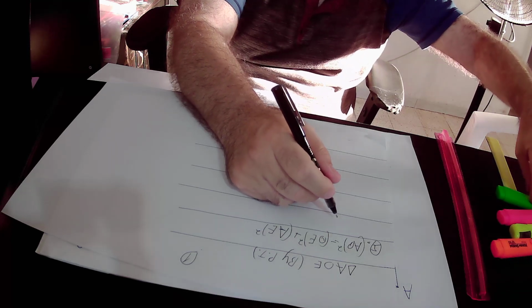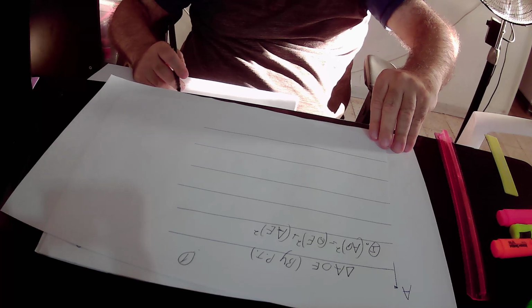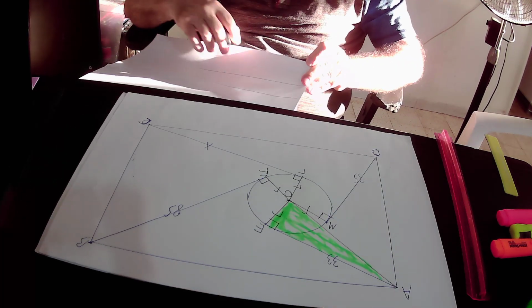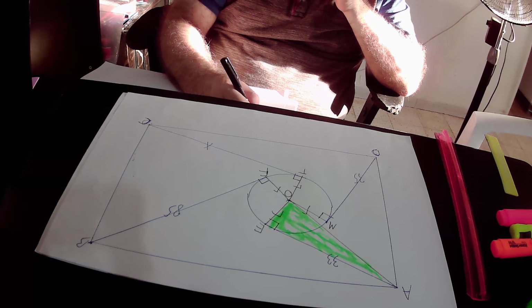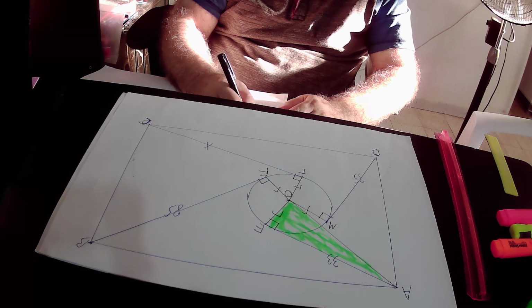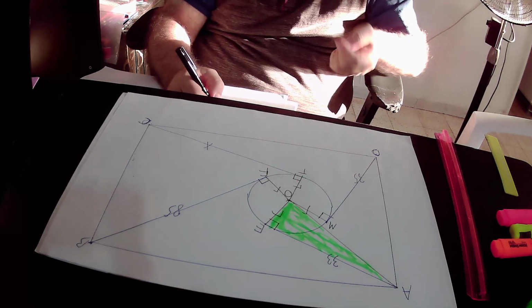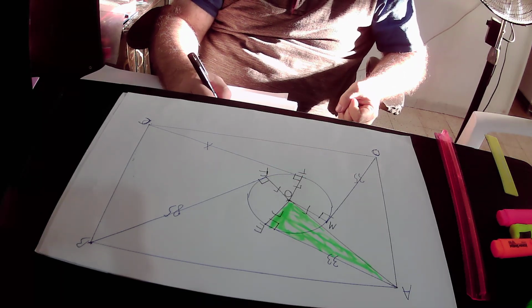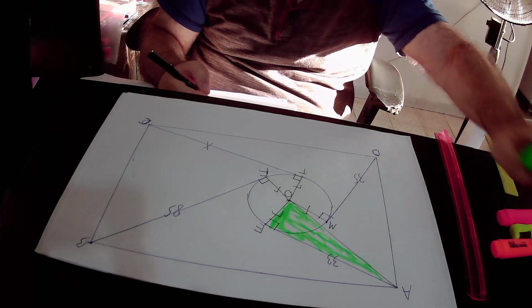So, AO square equals OE square. OE equals R, therefore OE square is R square, plus AE square.